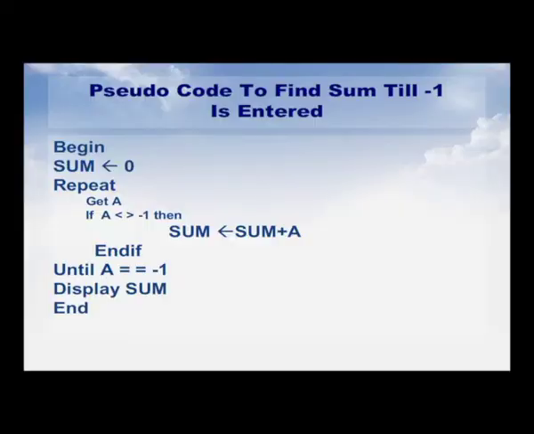Here we assign the sum to 0, then we use the repeat keyword and get an input from the user, which we call A. If A is not equal to -1, then sum equals sum plus A, that is we add A to sum and assign it to sum, and this is repeated until A is equal to -1. The moment the user enters -1, this loop is exited and finally we display the value of sum.